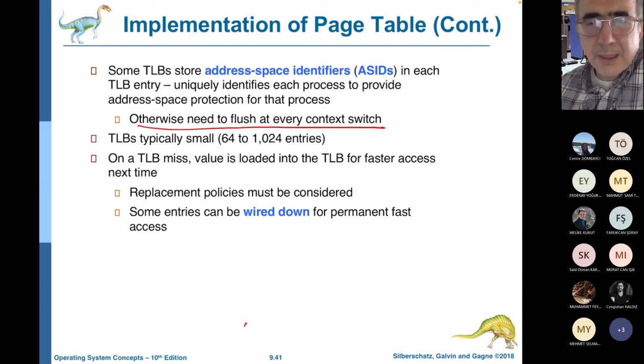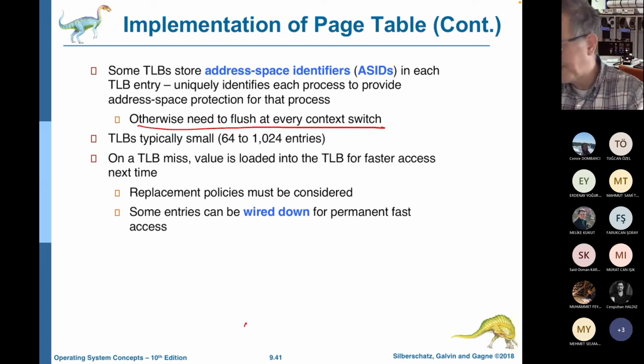So in order to prevent that, translation look-aside buffers also store information like process IDs, information relevant to which process is running now. So it can automatically switch between processes and check base and limit registers as well, depending on the process ID.